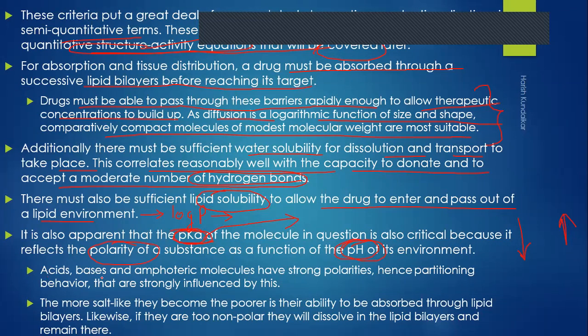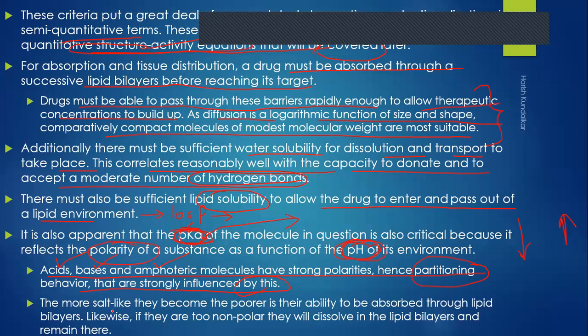Okay, so acids, bases, and amphoteric molecules have strong polarities, hence partitioning behavior that is strongly influenced by this. So if it is an acidic molecule, a basic molecule, or an amphoteric molecule, then they will tend to have ionization, okay, and that will influence their partitioning behavior, that is, log P. So if we want to see the effect of log P with respect to the pH of the environment, then we have to talk about pKa.